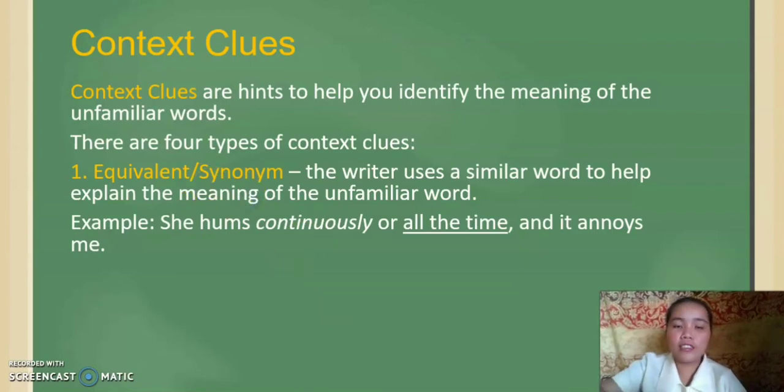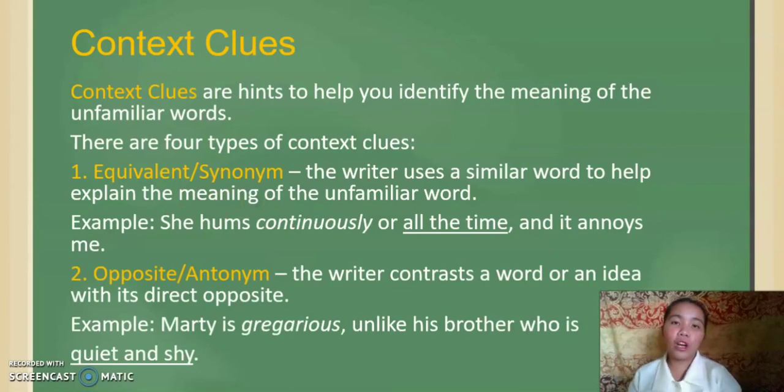Now the second type of context clue is opposite or antonym. The writer contrasts a word or an idea with its direct opposite. So unlike synonym, the similar word, in using the antonym, it uses the opposite idea.